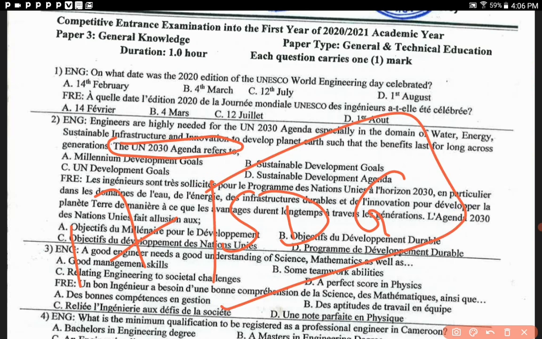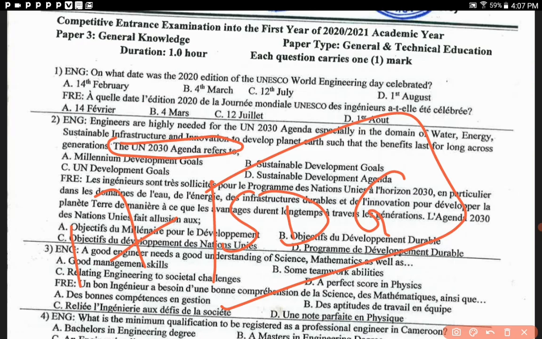And then what was the target of the Sustainable Development Goal? The target was to eliminate extreme poverty in the world and to protect the planet Earth, also to ensure prosperity for all by the year 2030.